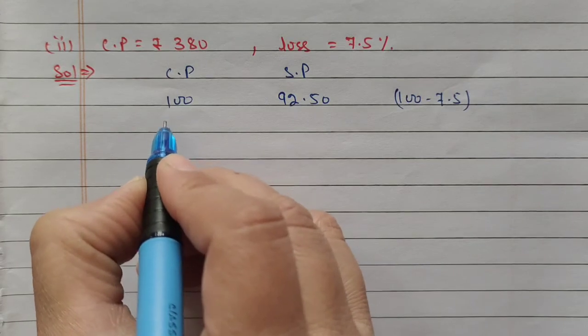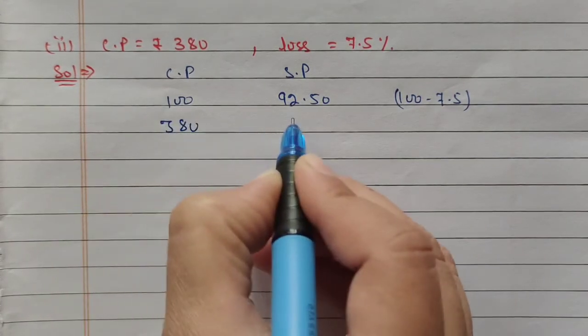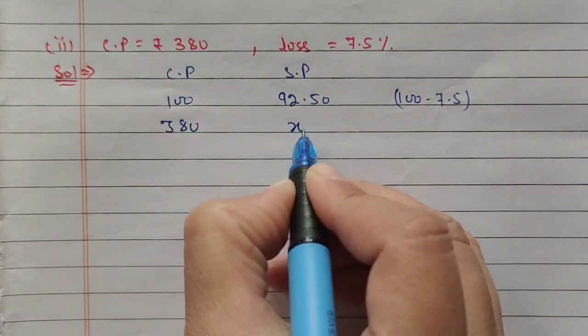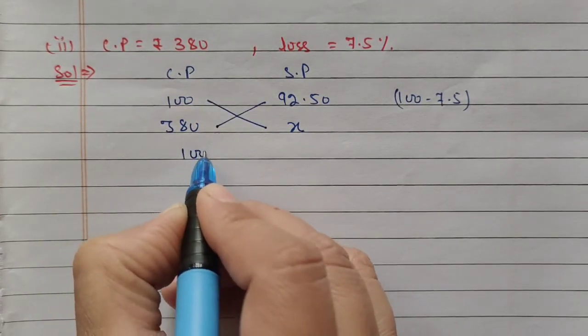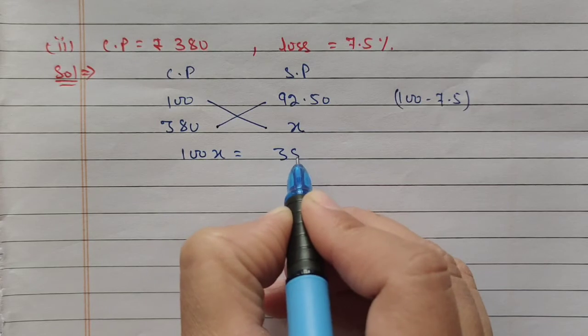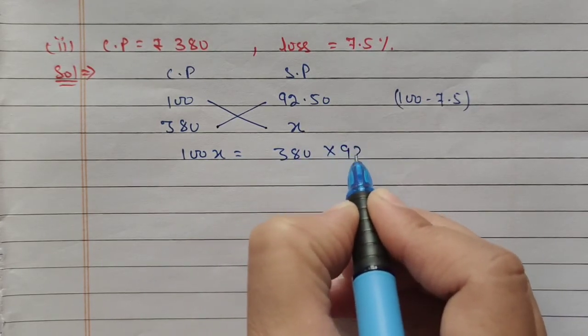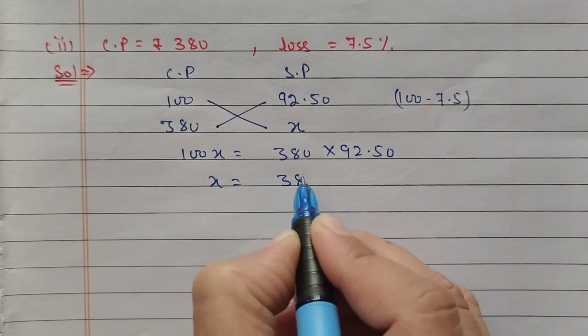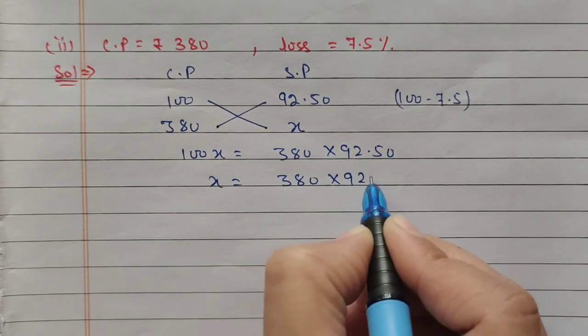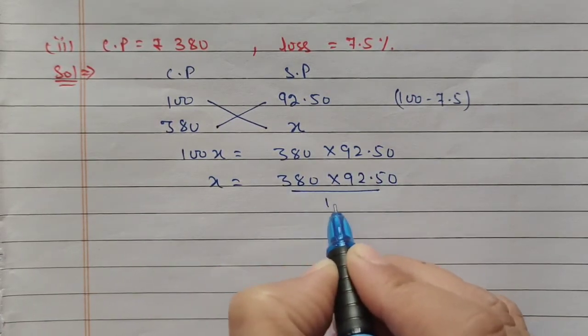Now actually cost price is given 380 rupees and selling price we have to find out, so we can take it as x, then cross multiply. 100x is equal to 380 multiply by 92 rupees 50 paise.